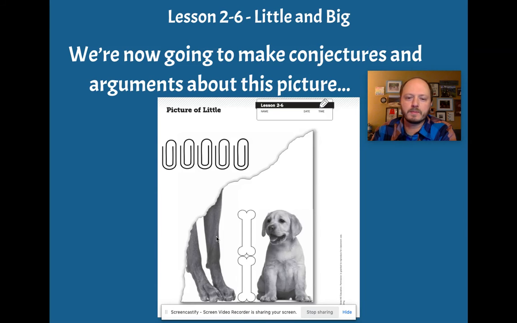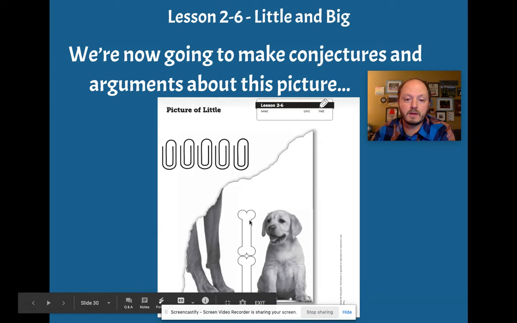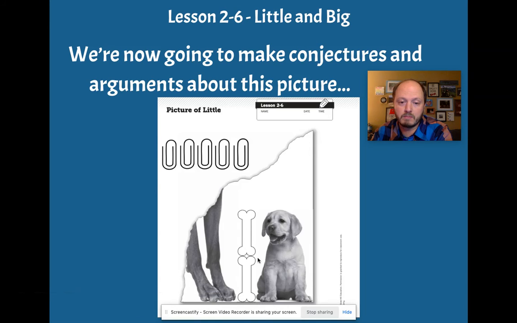Now, either way, Little apparently got into tearing up the dog picture, and now we can only see Little, and we can't see the rest of the picture, and we can't see Big. And initially, this dog here has been measured with 2 dog treats.